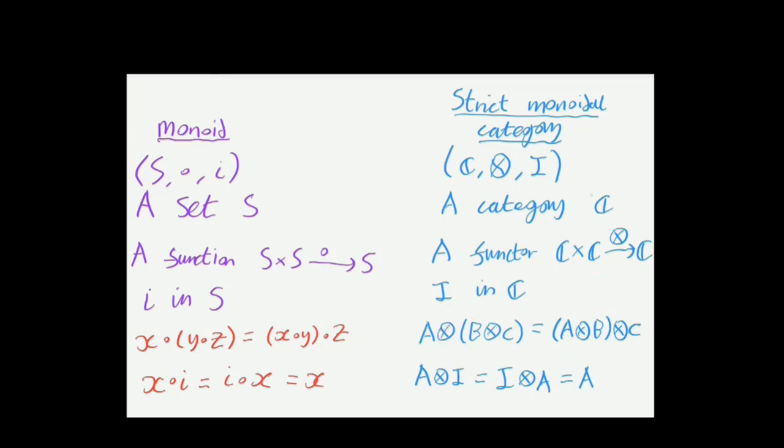And also we want this unit object to act like the unit does for a monoid. So if we do the tensor product with a unit, either before or after, we just get the original thing back again. And so that's basically the definition of a strict monoidal category. I'll come back to this again very shortly.